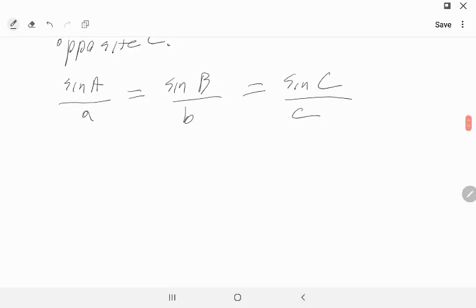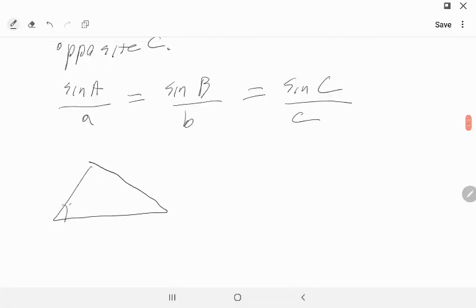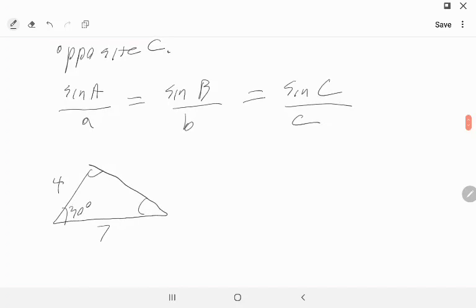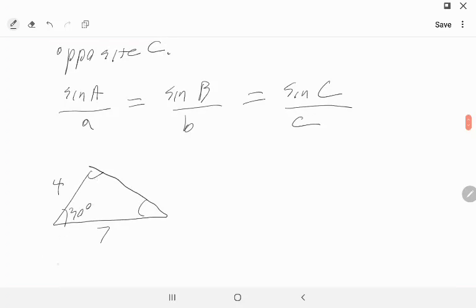And so it turns out if we drew a triangle with angle measure 30 and sides 4 and 7, we could figure out the other two angles. So we'll just call this A equals 30, and we'll have angles B and C. Actually, we can't do that just yet. We would have to have it arranged like this.